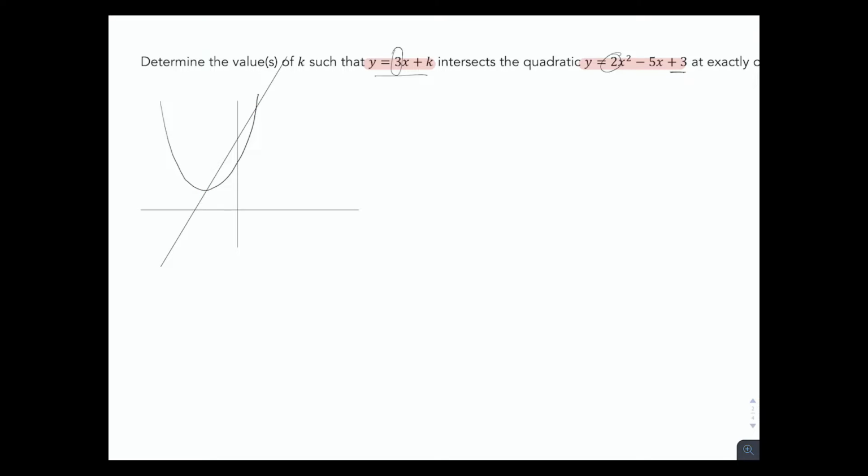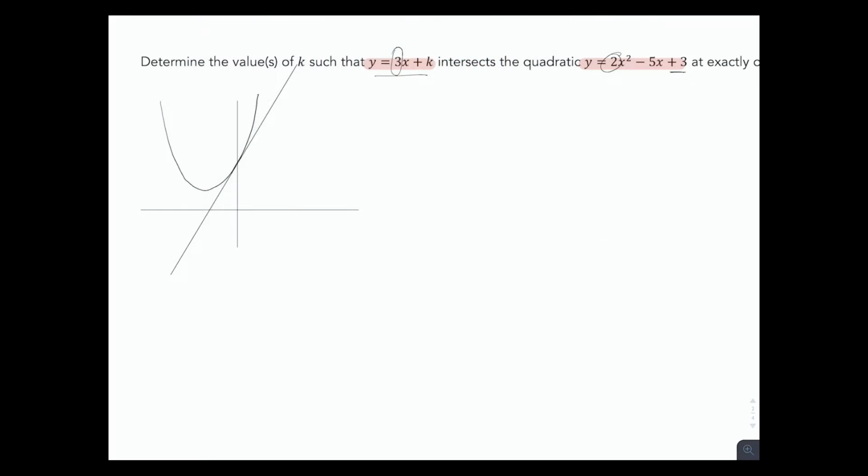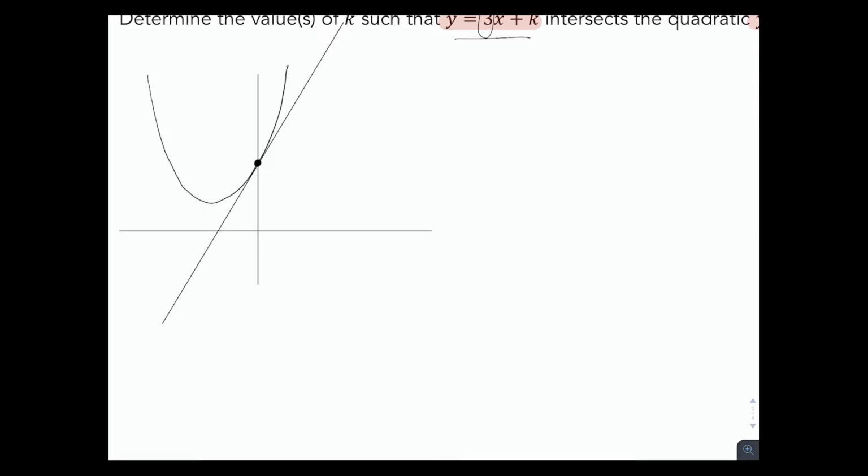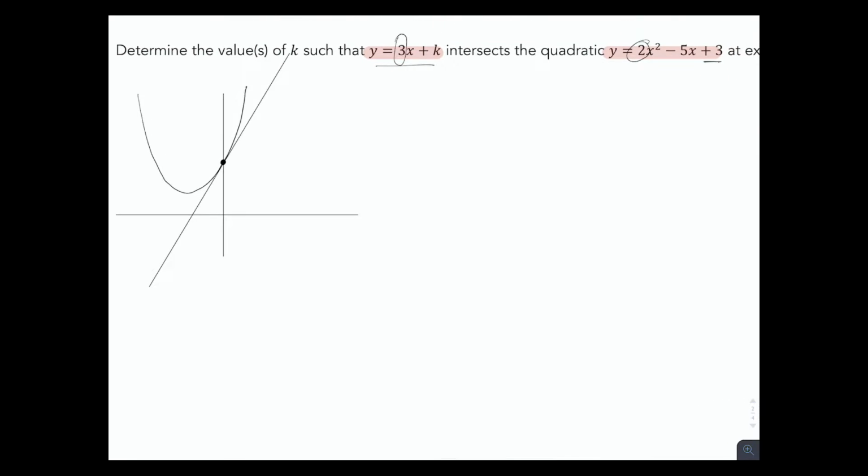But we're trying to find the value k in such a way that it'll intersect at exactly 1 point. Let me draw that in. Here's our point of intersection, and I just happen to draw it where it intersects the y-axis, but it could be anywhere really. I'm just drawing a very rough sketch of what this scenario is like.